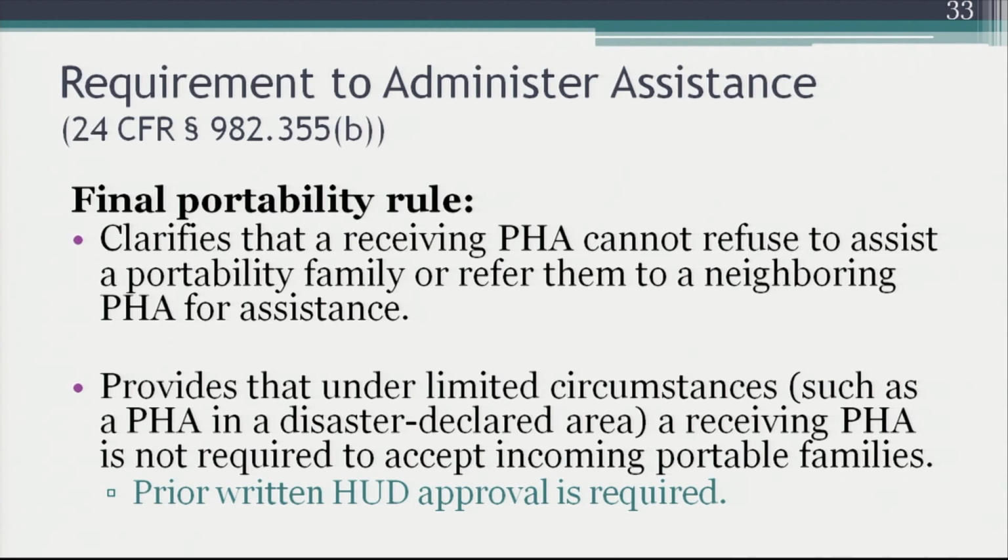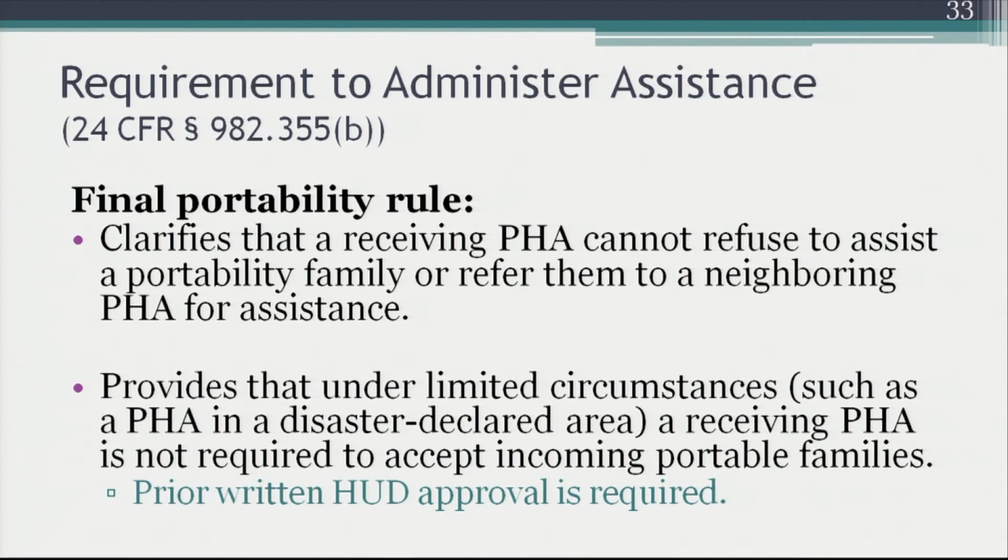We also provide in the final portability rule that there are limited circumstances, such as a PHA in a disaster-declared area, where a receiving PHA is not required to accept incoming portable families. However, they would need prior written HUD approval to deny processing that incoming portable family.